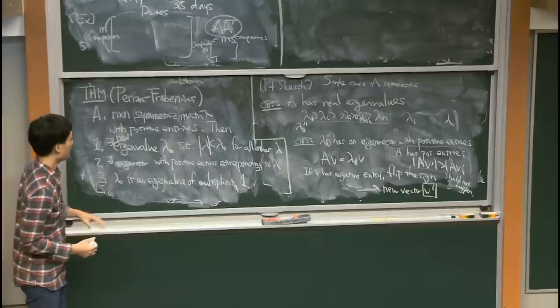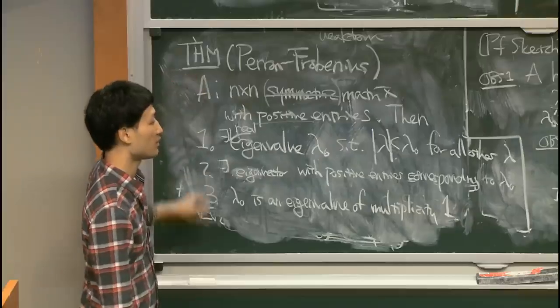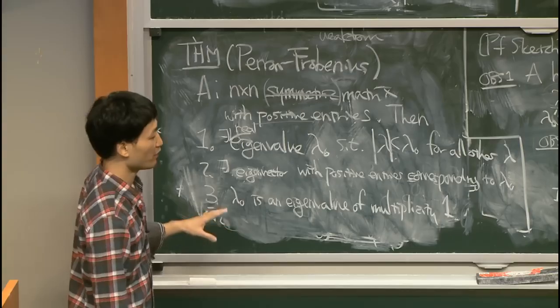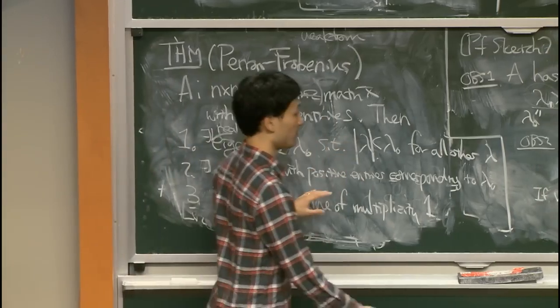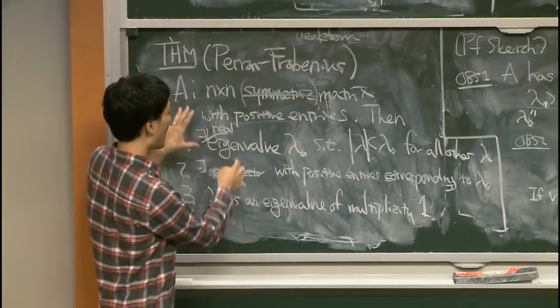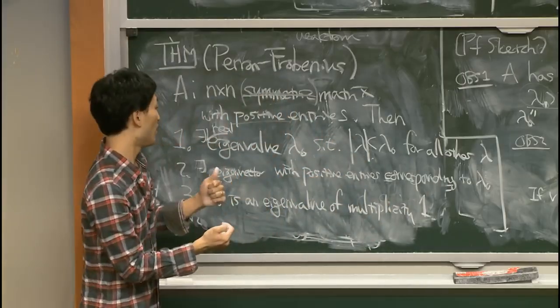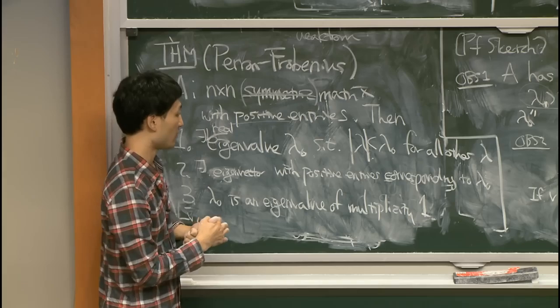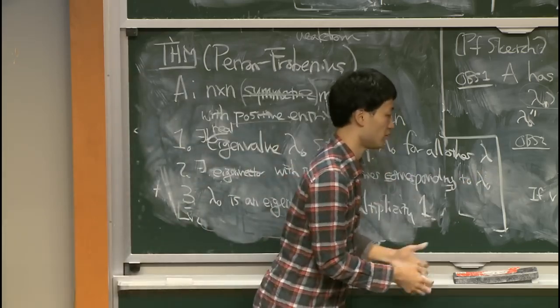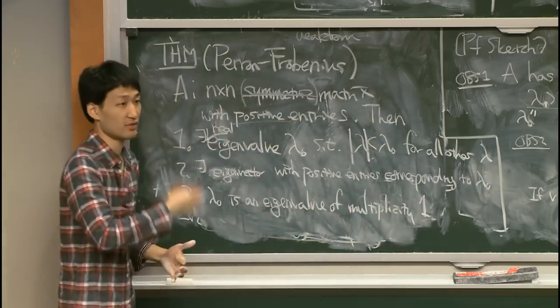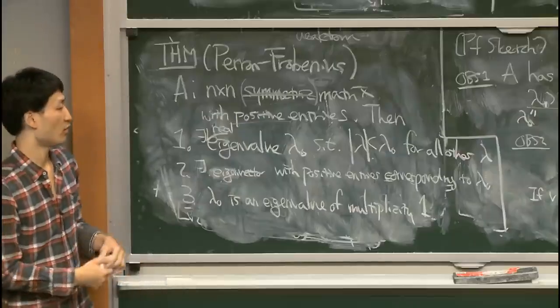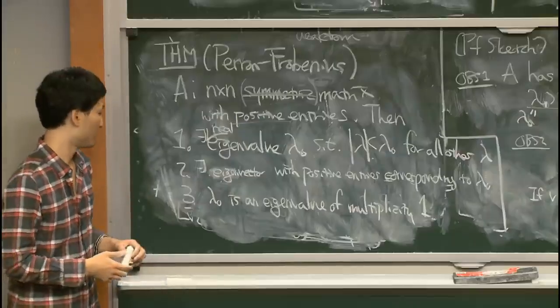But here we will only use it in this setting. I will review it later before it's really being used. Just remember how these positive entries kick into this kind of statement, where there is a largest eigenvalue, and why there has to be a vector with all positive entries. Those will all come into play later.